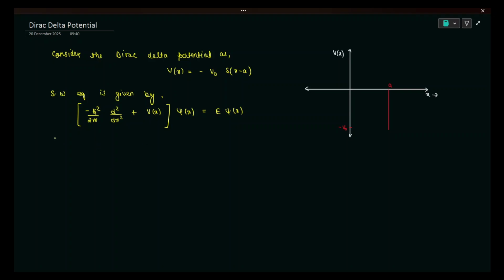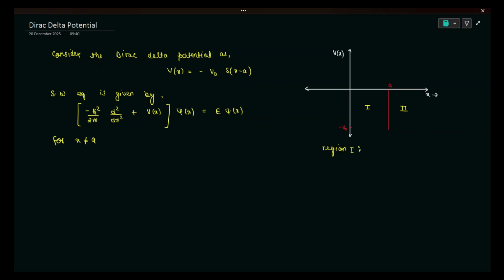Here, for x not equal to a, I am not considering this particular point, but rather all other points. So this is region 1 and this is region 2.